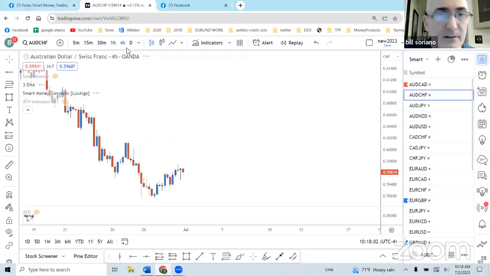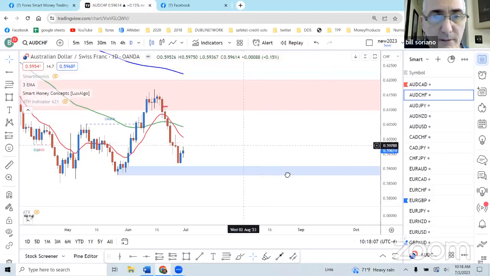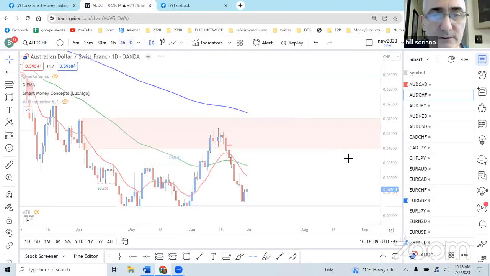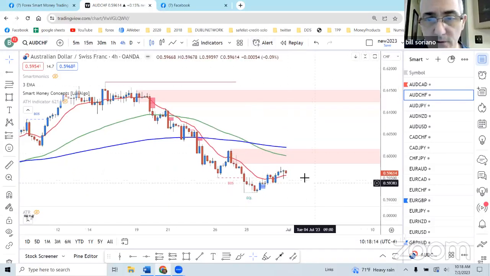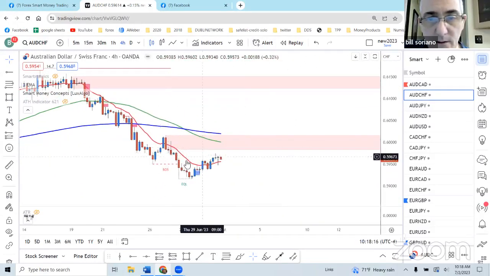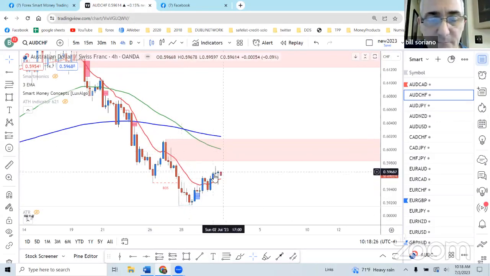And we got 2 pairs left, AUDCHF on the daily here. We're bearish order flow on the daily. Bearish order flow on the 4 hour. Beautiful liquidity block here, but there's no imbalance. There is some imbalance, though, left right here. Right? Some imbalance left behind.